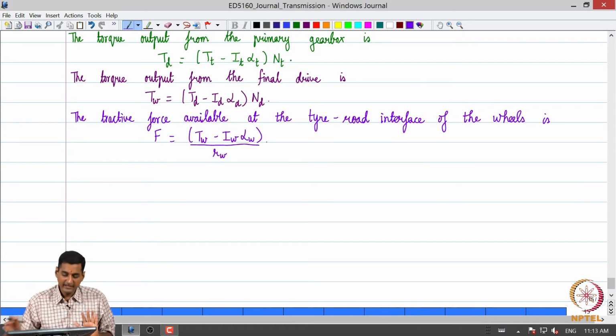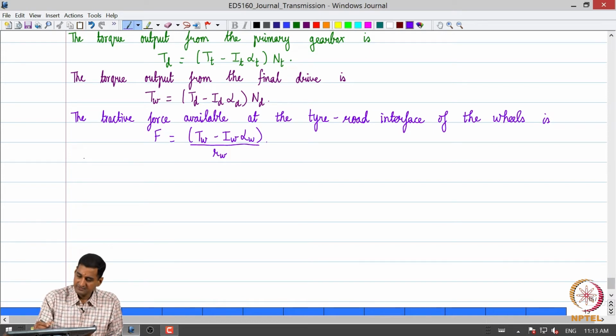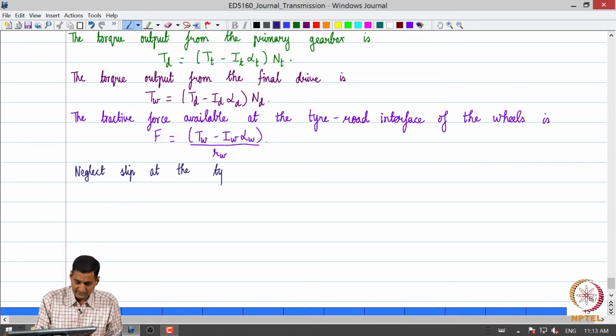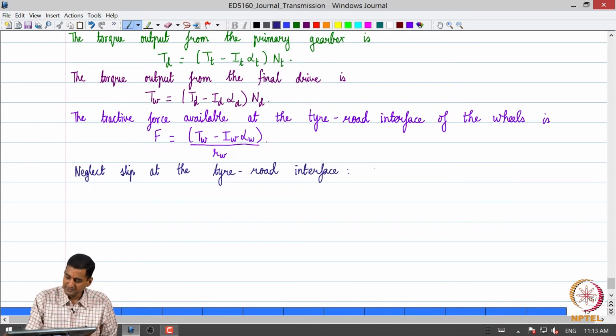So, right now for this analysis we will not consider wheel slip ratio, and we will write down simple equations. So, we will neglect slip at the tire road interface to obtain the angular acceleration of the wheel, which will be the longitudinal acceleration of the vehicle divided by the wheel radius.